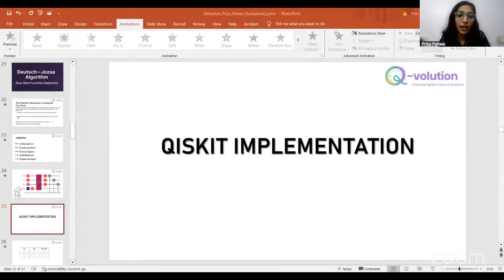And then we have described our circuit. qc.draw is the command for visualizing the circuit. Then I have also visualized the Bloch representation, which is used to tell whether my qubits are in a pure state or in a mixed state. So as you can see, my first qubit, that is Q0, is in the one state, right? And my second is in the state where a phase has been added.